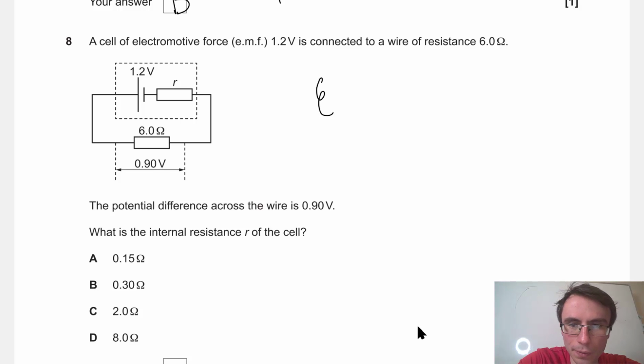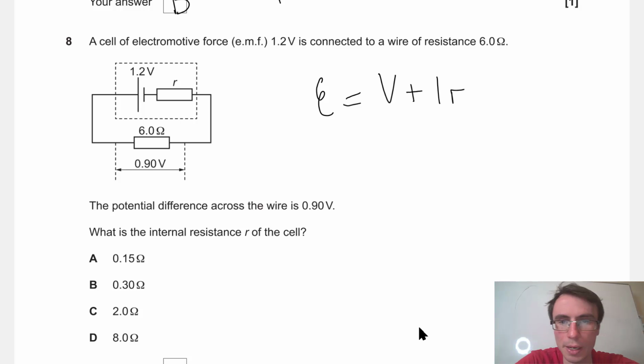We can use the fact that E is equal to V plus Ir, for instance. We know what V is, we know what the EMF is, but we don't really know the current yet to be able to figure it out. Let's see, what will be a good way of attempting this?